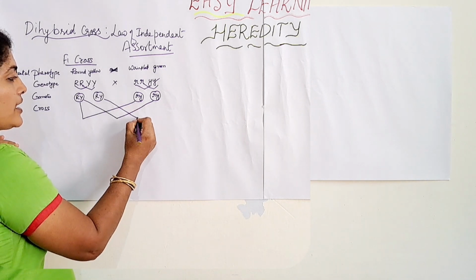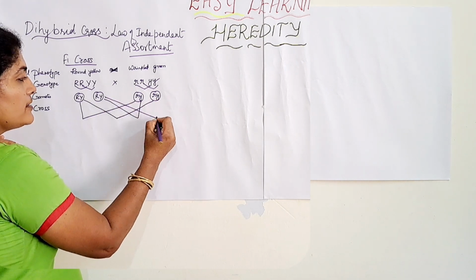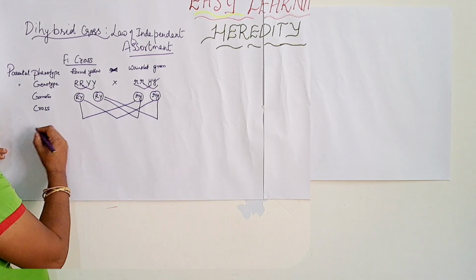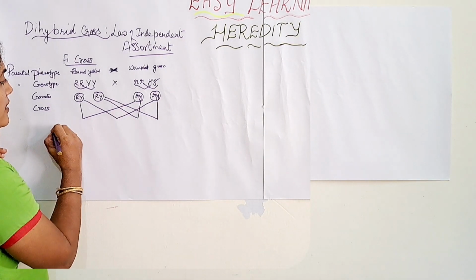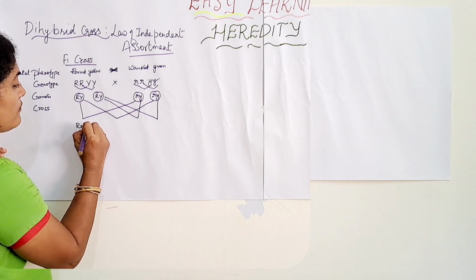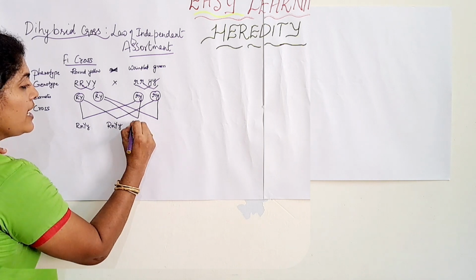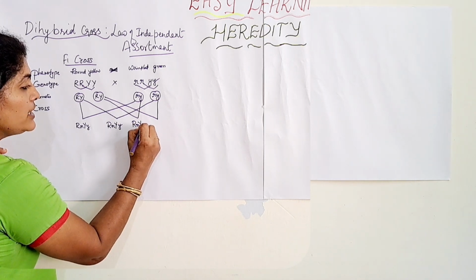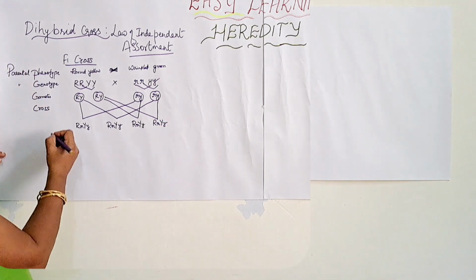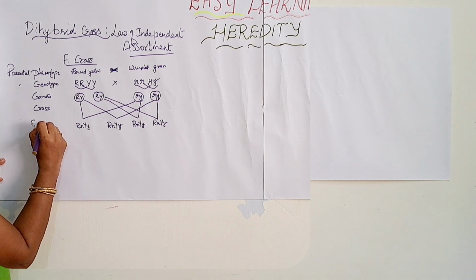Again, this capital R, Y will cross with the small r, y, and this capital R, Y will cross with this small r, y. So in the F1 cross, he will get capital R, r, capital Y, y in all of them. Here this is the F1 genotype.